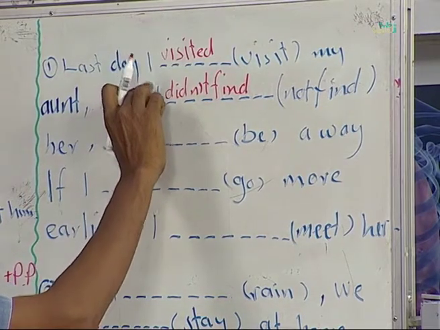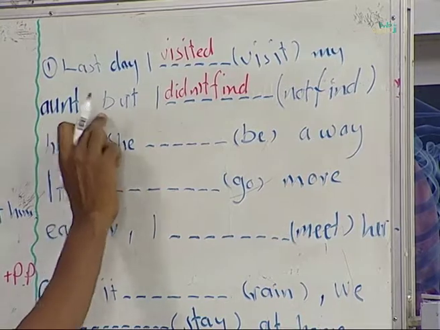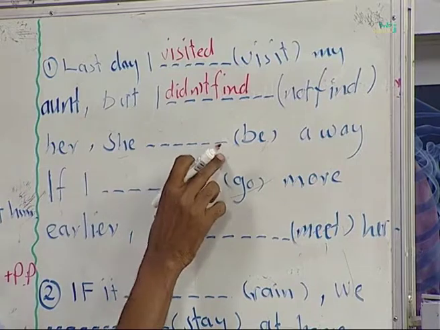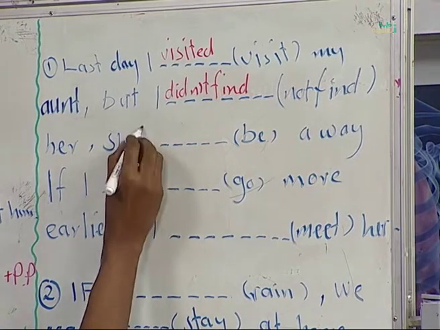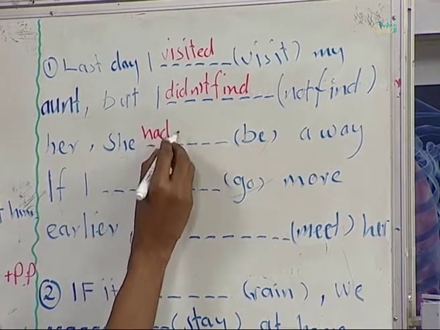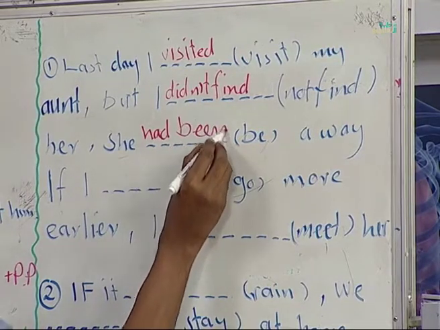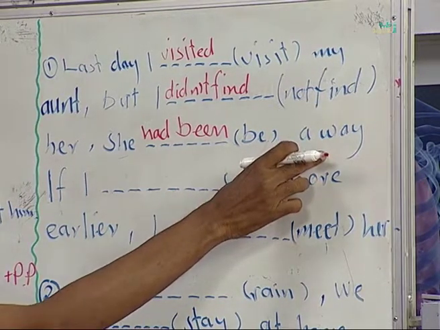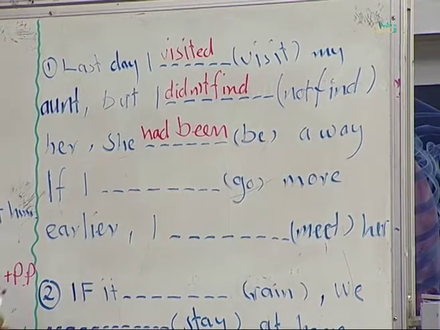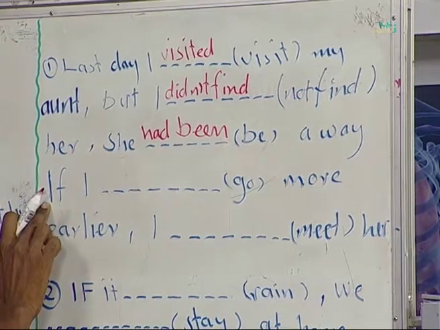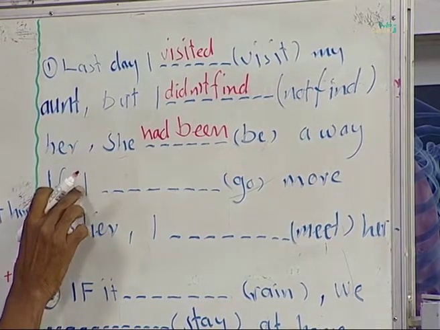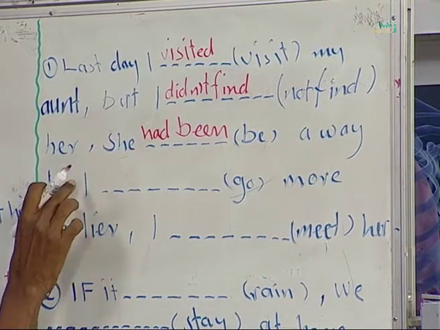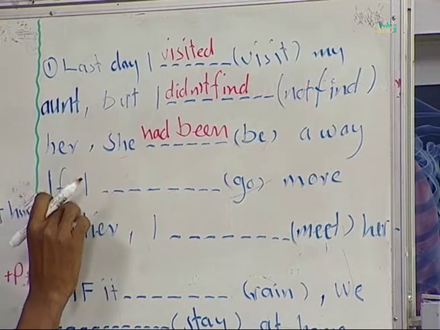Last day I visited my aunt, but I didn't find her. She had been away. Here is something not fulfilled in the past, and this means it is conditional 3, or F3.